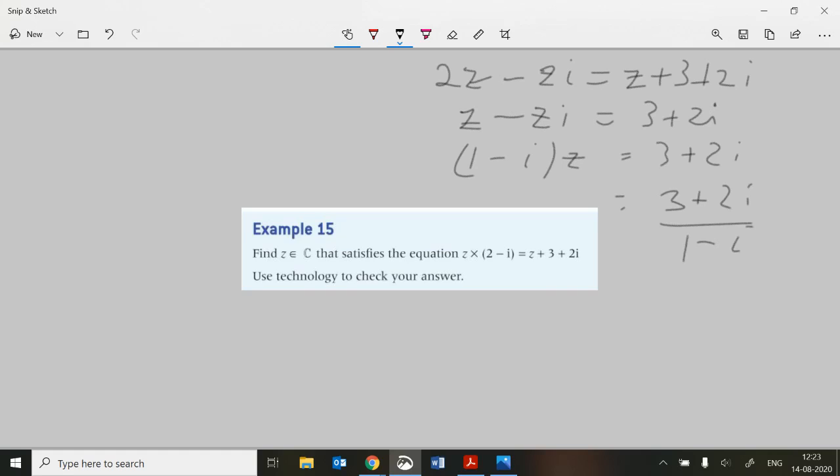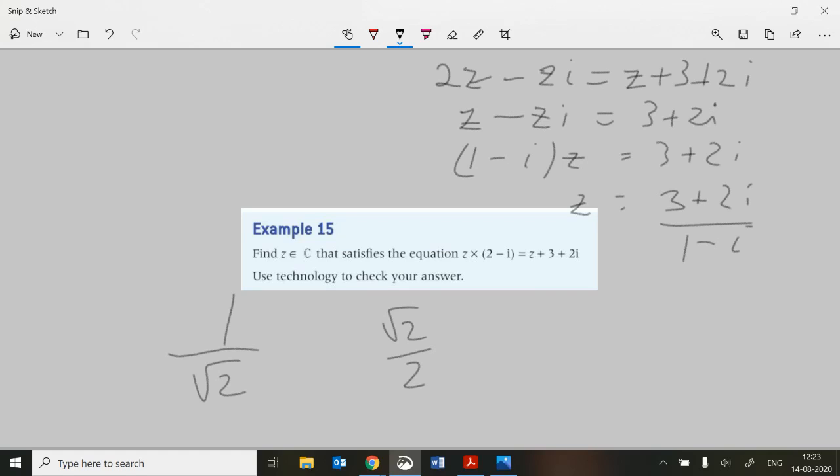You can say 1 divided by i. Now that is right. It's just that we don't like to have complex numbers in the denominator if we can help it. It's a bit like, for example, when I say 1 over the square root of 2, we don't normally write 1 over the square root of 2 like that. We write it like this, square root of 2 over 2. We rationalize the denominator. And it's the same with complex numbers.